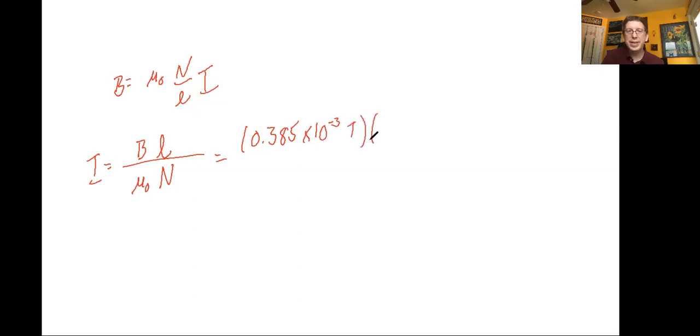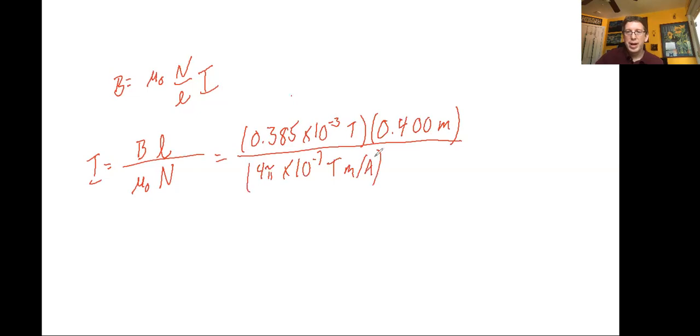And then the length is 40.0 centimeters. So 0.400 meters. Mu naught is 4 pi times 10 to the negative 7 tesla meters per ampere. And we have a total number of 765 turns.